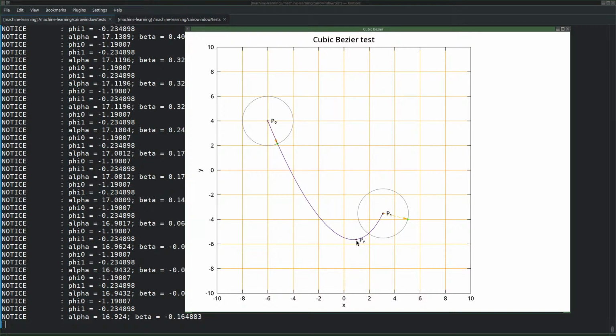Yeah, that's the reason. So if alpha or beta is negative, then we just can't draw a Bezier curve through it. Probably should just not draw anything or make it red or something.